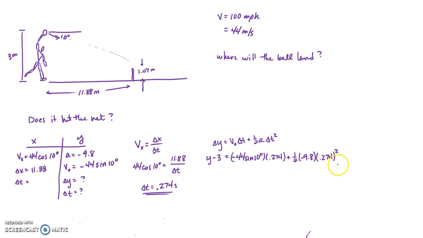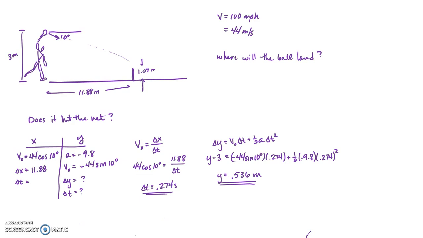So now all I have to do is solve for this y, because that's going to be how high it actually is. And if I crunch all those numbers, I figure out that the height is actually 0.536 meters.